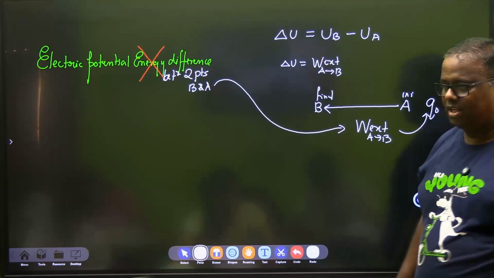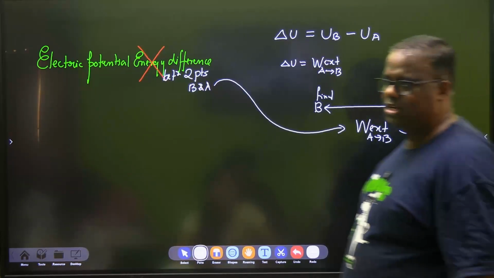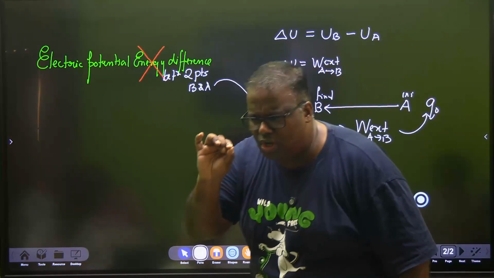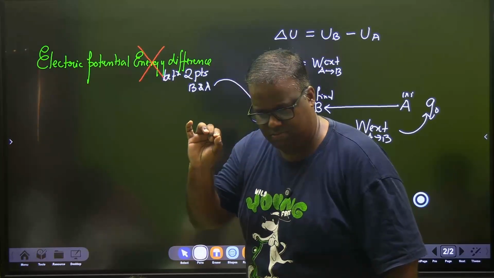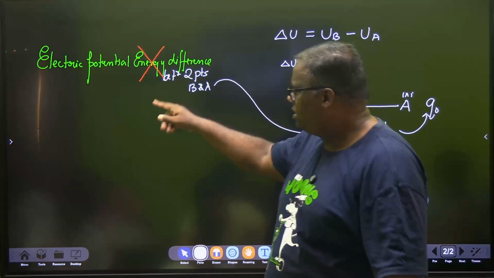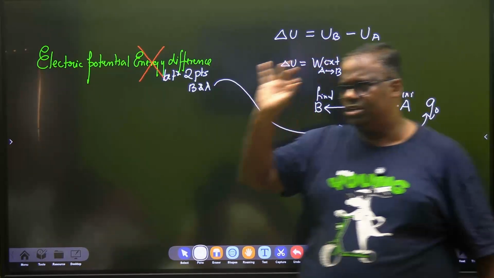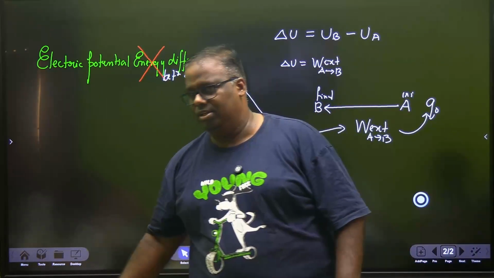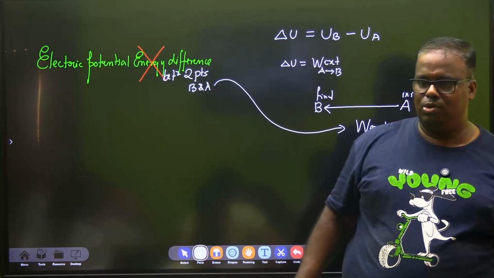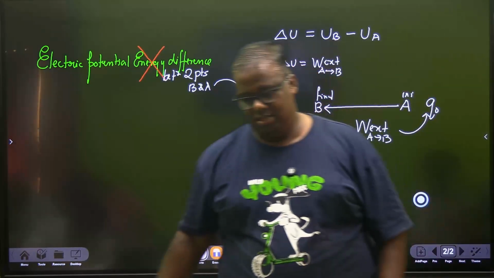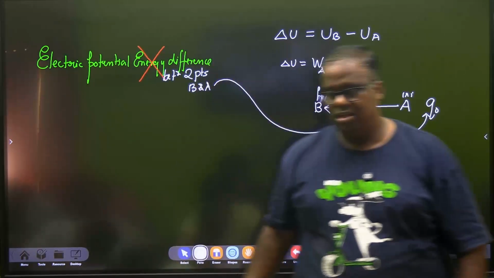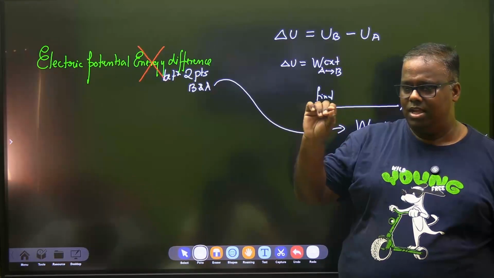Clear? Now our job starts. We move Q naught very slowly. Put one asterisk and write, start moving Q naught slowly, from A towards B.